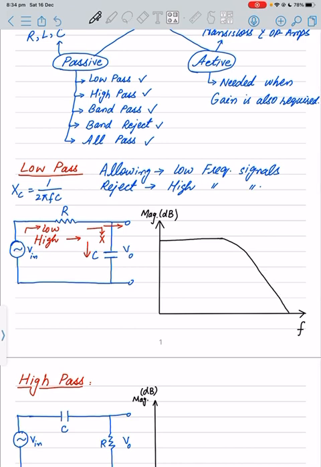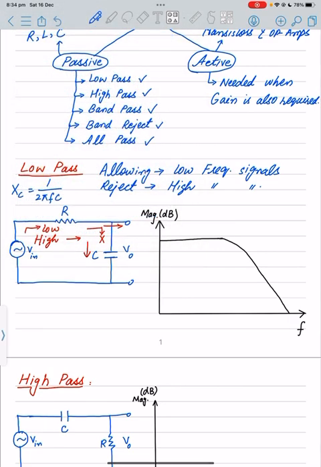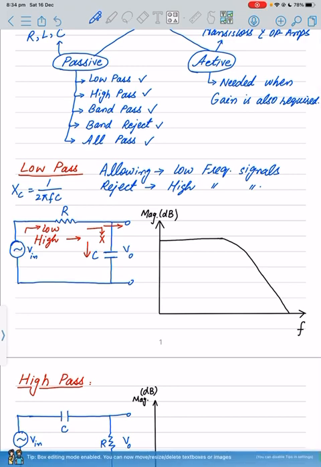So that is basically the frequency response of the low pass filter. तो अब इसके अंदर जो important point है, that is a -3 dB point over here.